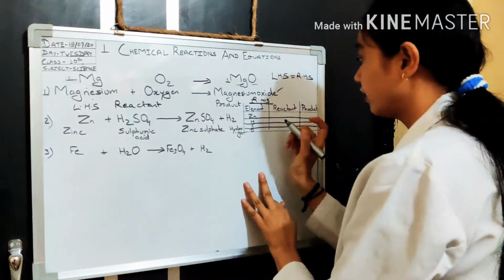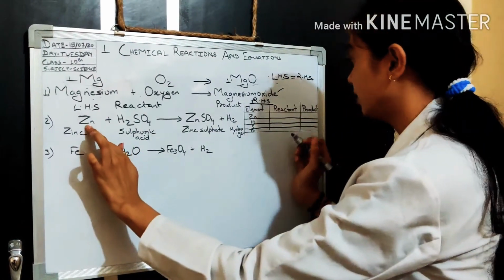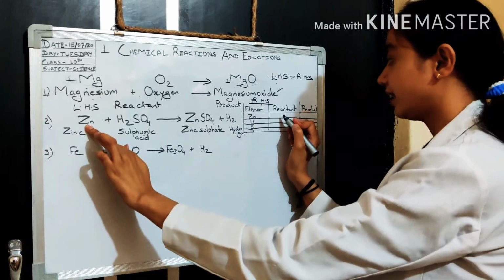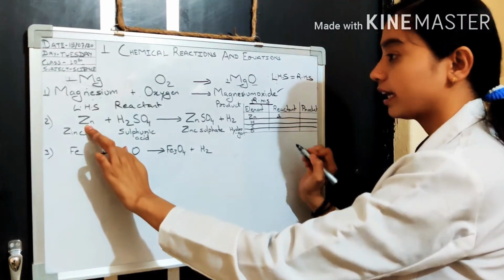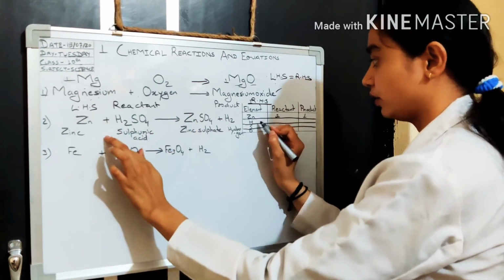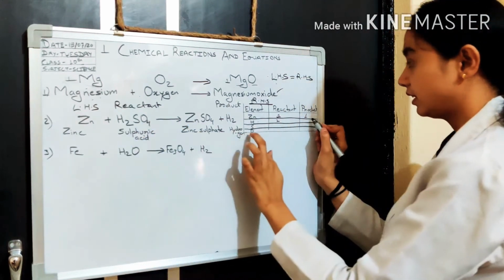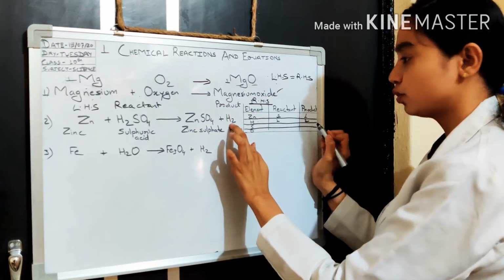We can also check it by making a table. Zinc as a reactant has 1 atom, and as a product 1. Hydrogen in reactant is 2 and in product it is 2.